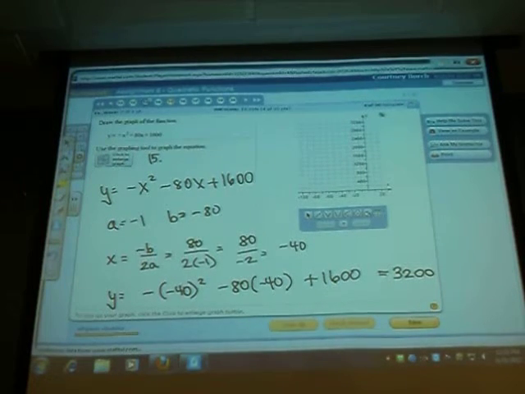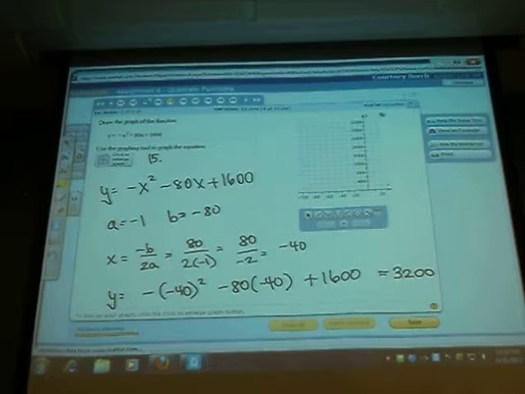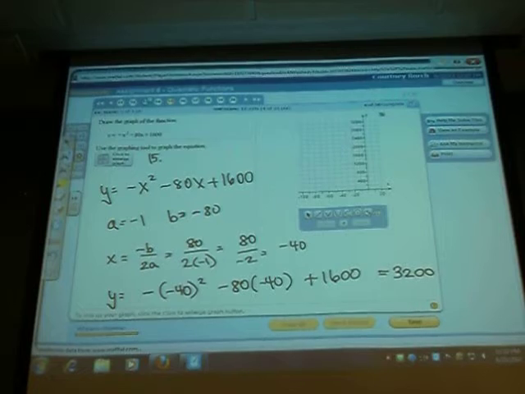Oh, you just work it out. 2 times negative 1 is negative 2. And then you do 40 divided by negative 2. Now this negative b, if b is already negative, then negative b should be positive 40. So 40 divided by negative 2 is negative 20. So negative 20 is my x.